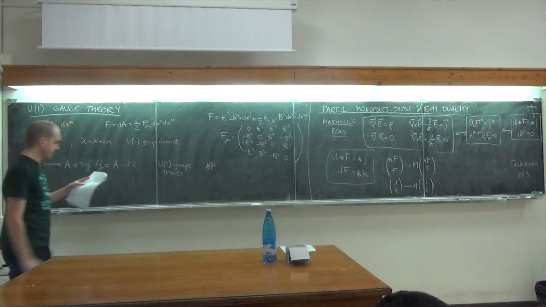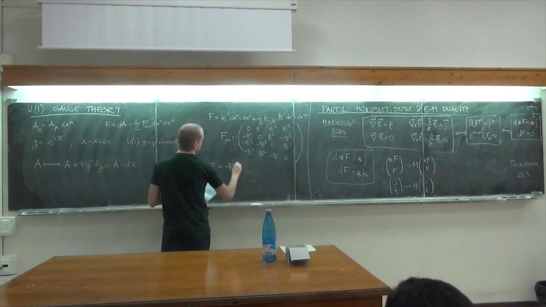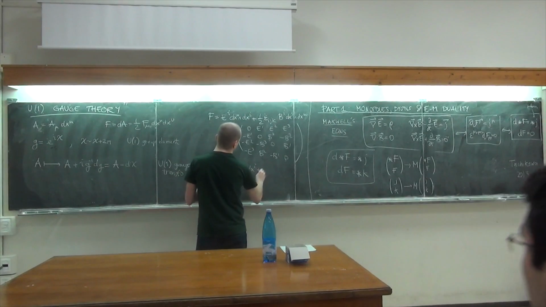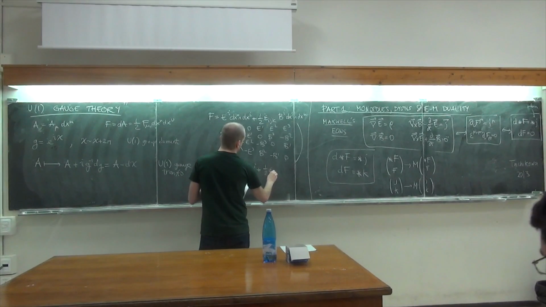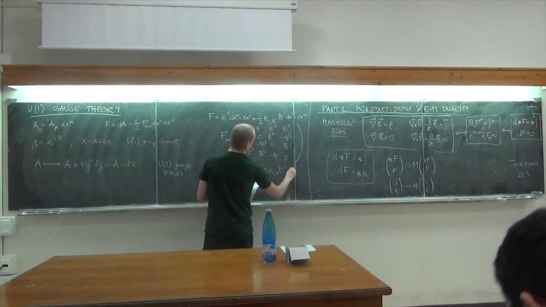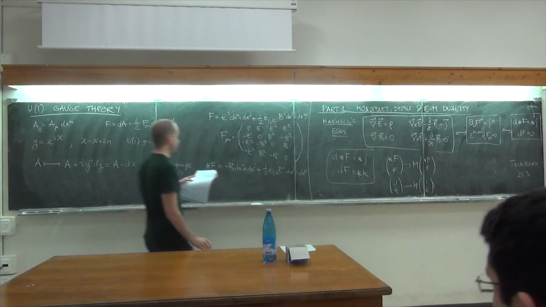Okay. And then we have the Hodge dual star F, which is equal to minus B_i dx^0 ∧ dx^i plus a half ε_{ijk} E_i dx^j ∧ dx^k.